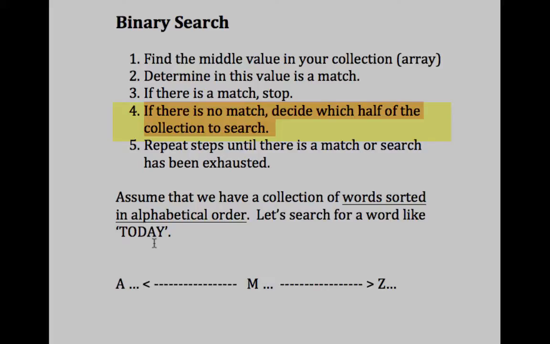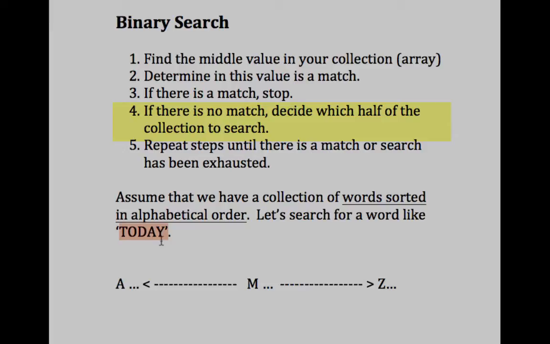So what I'm going to do is take my collection, which is sorted from A to Z. I'm going to look at the value in the middle of my collection, and most likely it's going to be a word that starts with M. Well, that is not a match for the word that I'm looking for, which happens to be today.